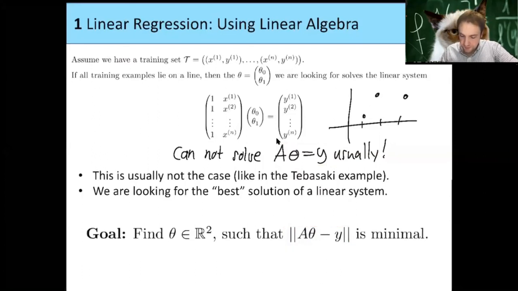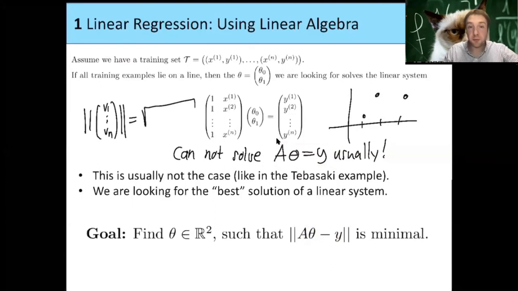And this notation here, if I have a vector with entries v1 up to vn, then this norm is just the Euclidean norm, which is given by the square root of the sum of the squares of the entries of this vector.